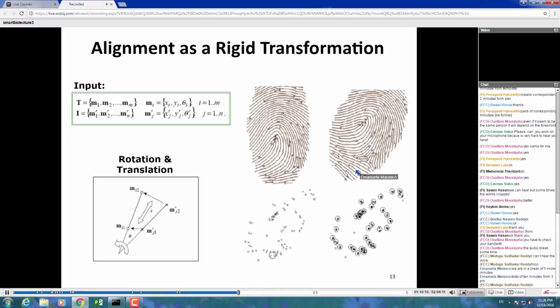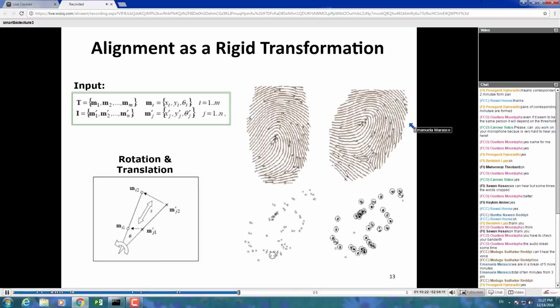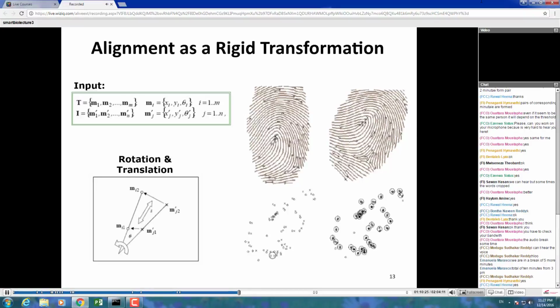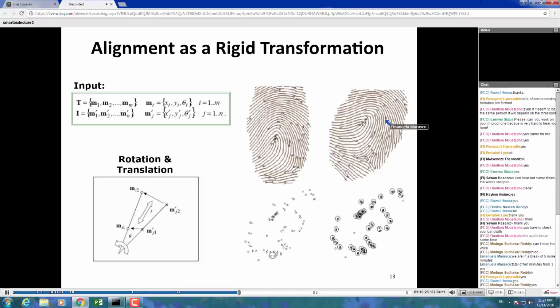Okay, so we want to continue from the alignment, which is needed, for the reason we discussed before, for finding the number of corresponding minutiae.